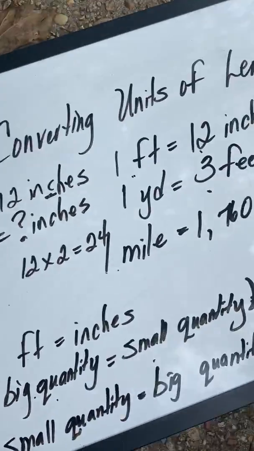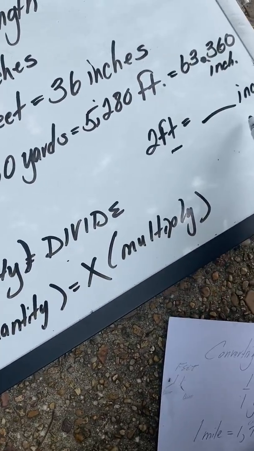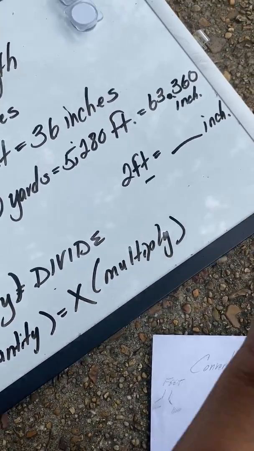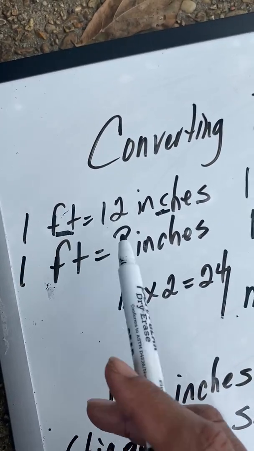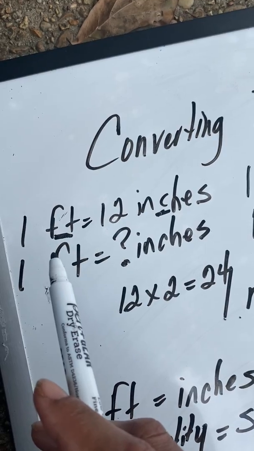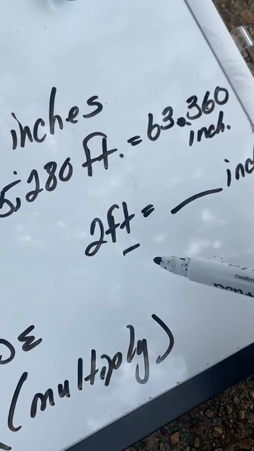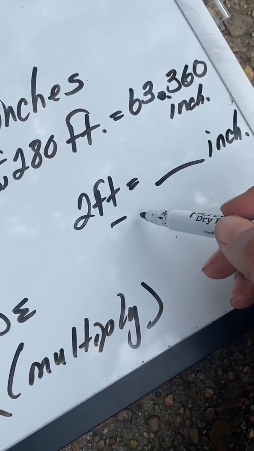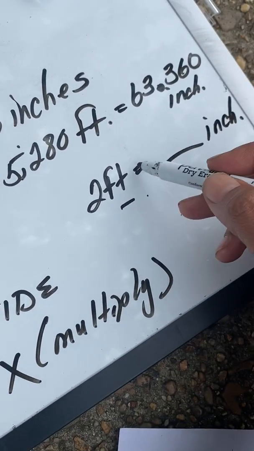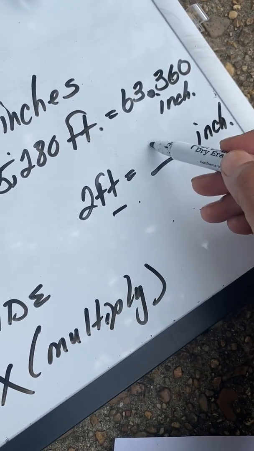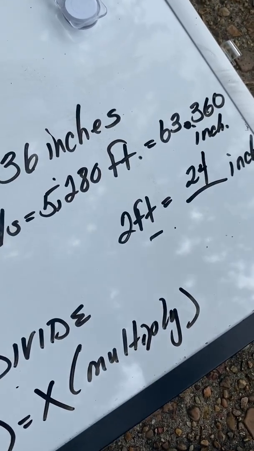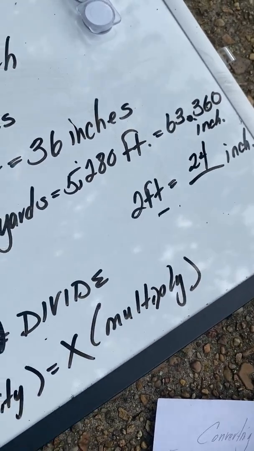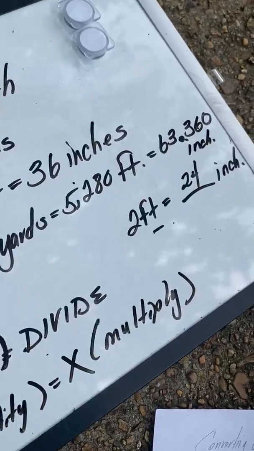So we went from a big unit to a small unit. We know 12 inches in 1 foot. So when we get over here, we're dealing with 2 feet. I hope I'm not confusing anybody. 2 of my feet are 24 inches because it's 12 inches in 1 foot.